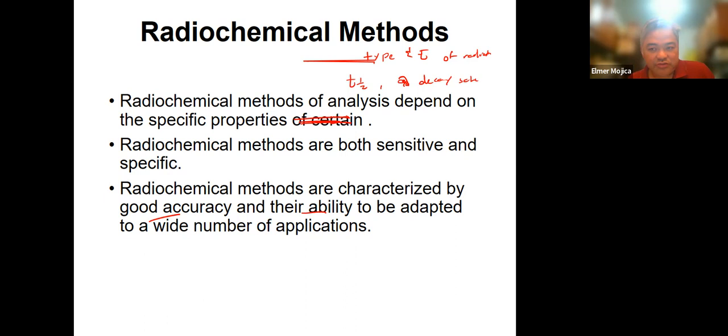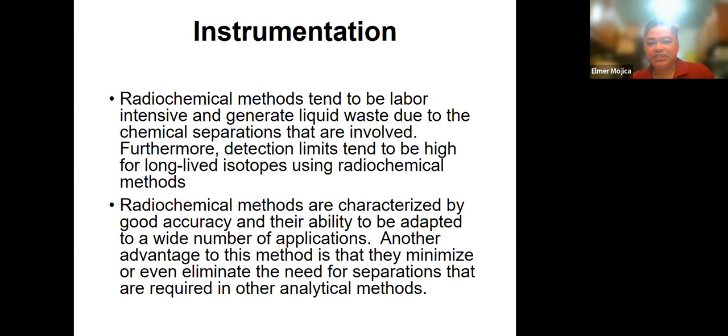And usually they minimize or even eliminate the need for separations that you usually use in other analytical methods. Now, before we proceed on this method, we look at the detectors or the instrumentation, because this is what they use for those methods.